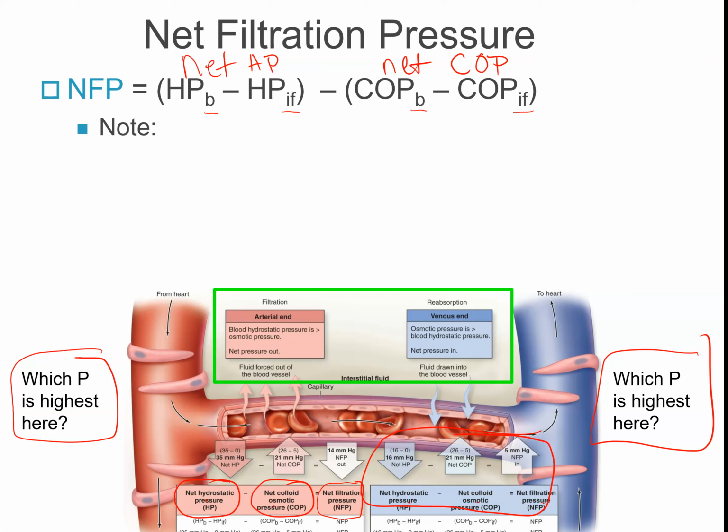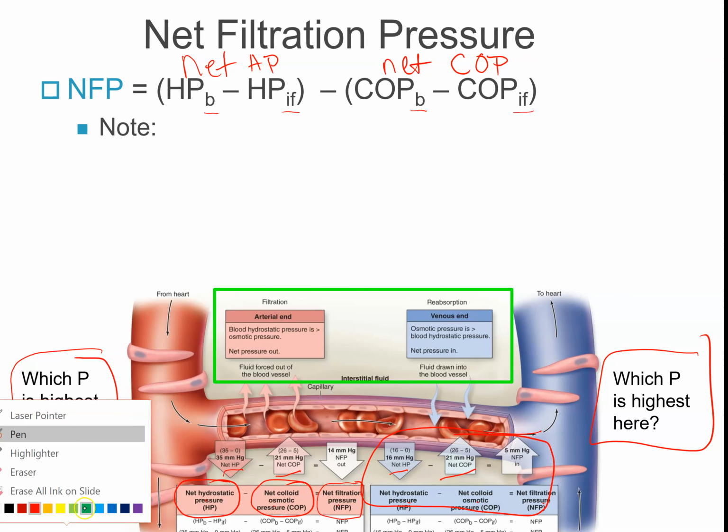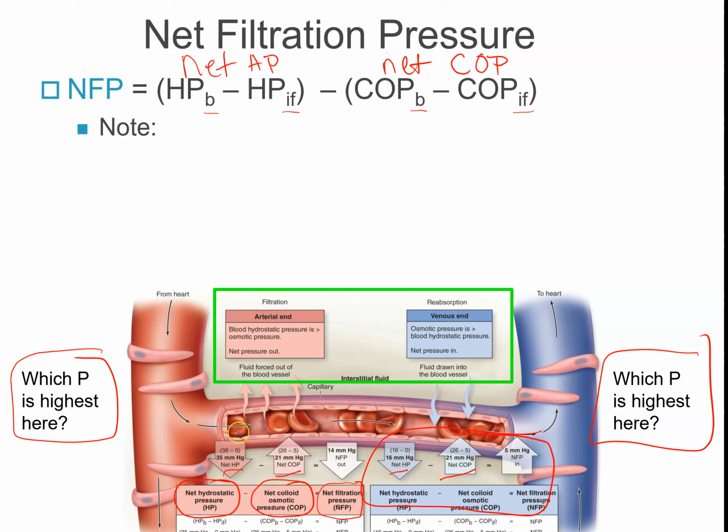So you've got net hydrostatic pressure here, net colloid pressure, net hydrostatic here, net colloid here. So looking at those, let me get a different color pen. Here we go. This one is highest on the arterial end. And over here, the opposite, the colloid osmotic pressure is highest on the venule end.